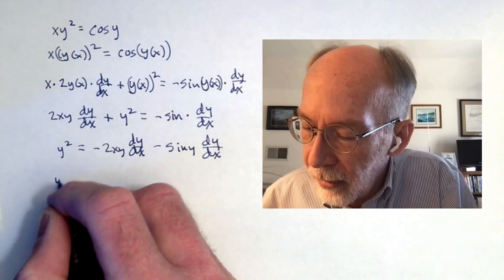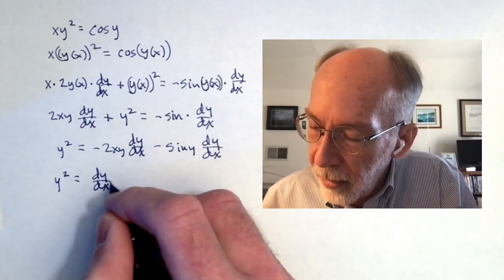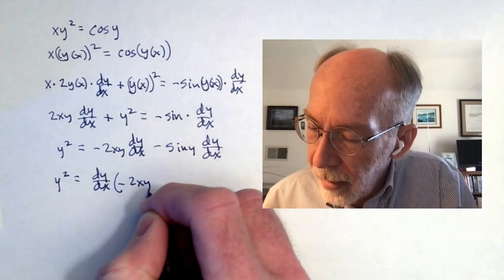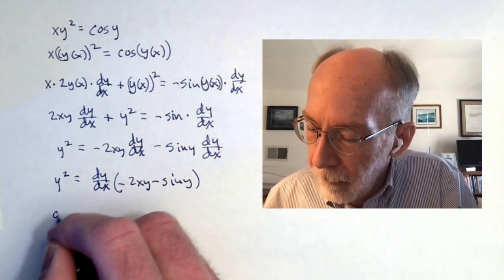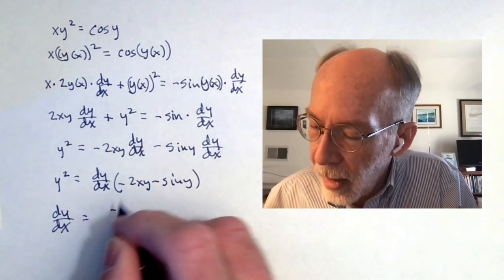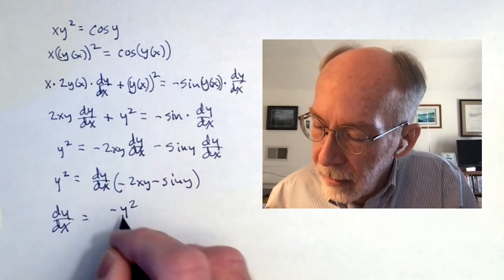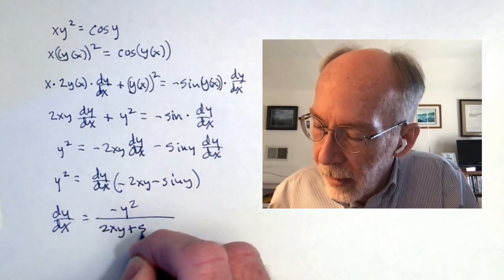So negative y squared is dy/dx times (2xy plus sine y). And so dy/dx is, it's probably a little easier to do this, negative y squared over 2xy plus sine y.